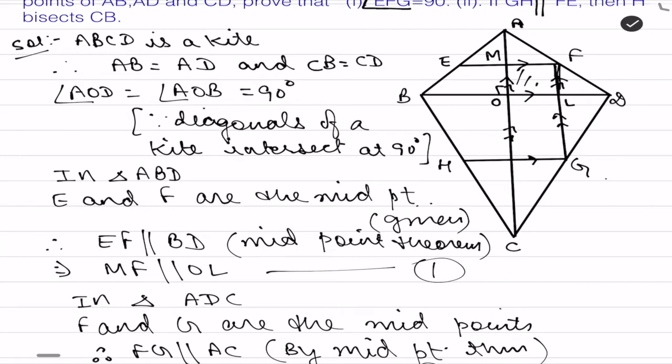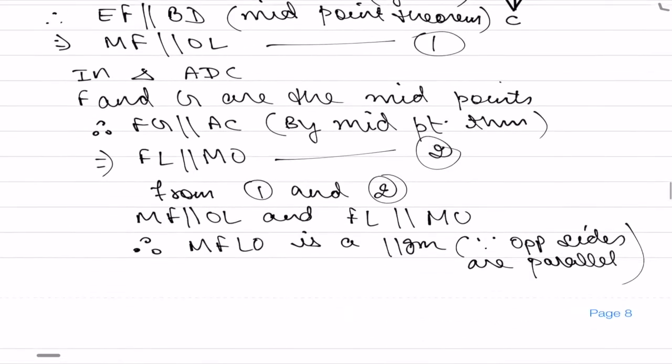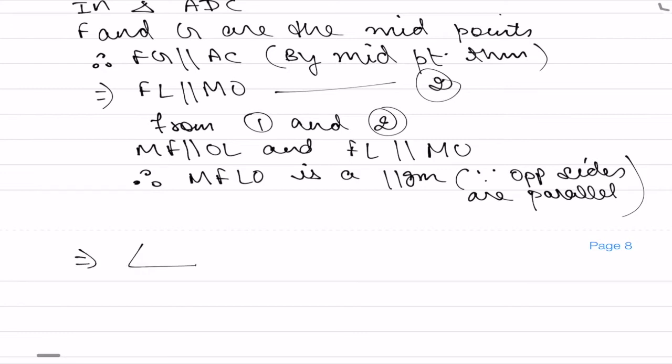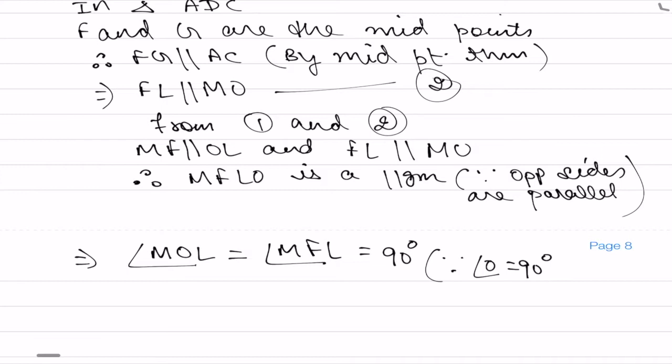Children, if this is a parallelogram, we know that this is a property of the parallelogram that their opposite angles are equal. That means angle MOL is equal to angle MFL. You can give the name angle 1 or 2, or you can do it like this. This implies angle MOL is equal to angle MFL, both equal to 90 because angle O is 90 that we have mentioned in the beginning, and opposite angles of a parallelogram are equal.